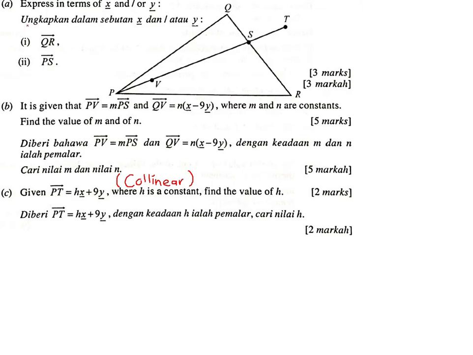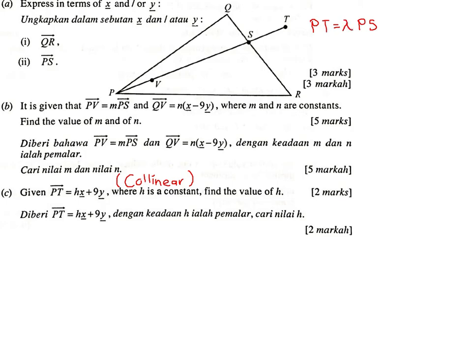So in this case, I will choose PS because we already know what is PS, right? So if we look at these two vectors, one is PT, one is PS, they are parallel, right? But PS is shorter, correct? And we know that this PT, definitely it will be lambda PS.